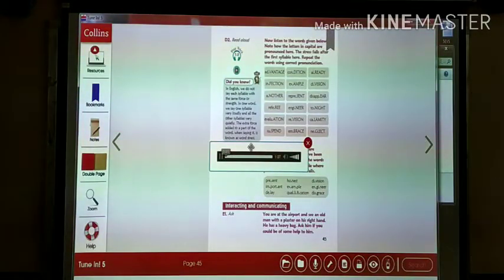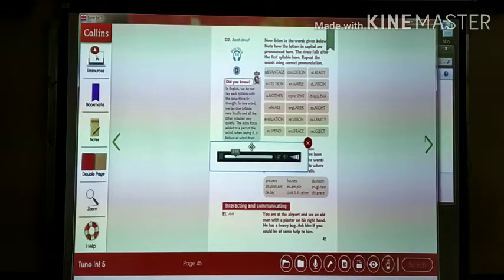Now listen to the words given below. Note how the letters in capital are pronounced here. The stress falls after the first syllable here. Repeat the words using correct pronunciation.